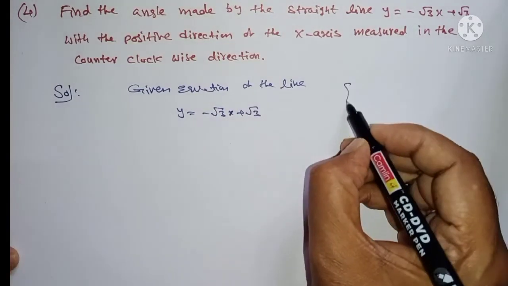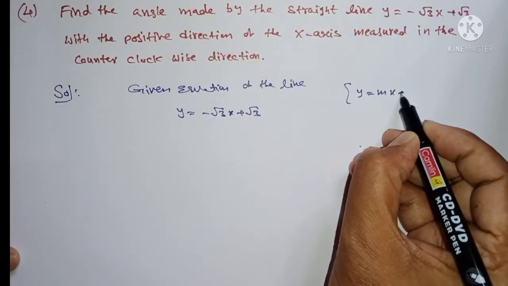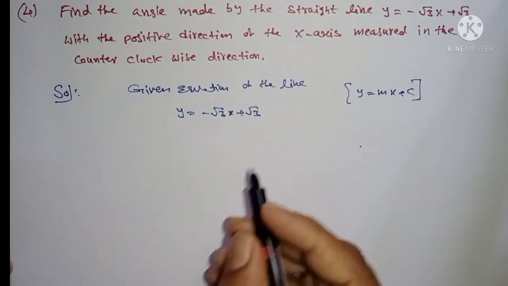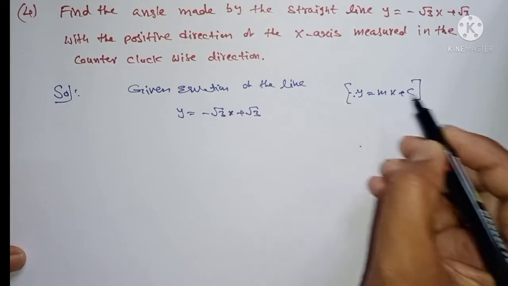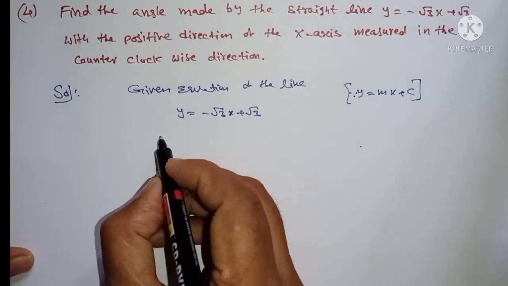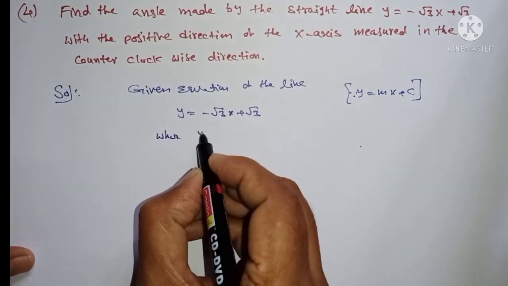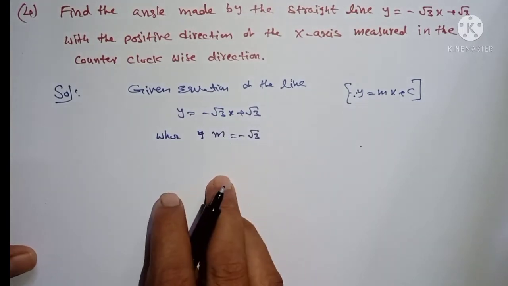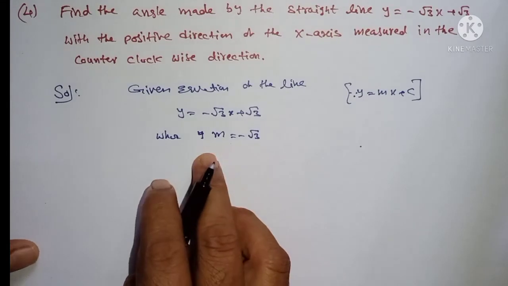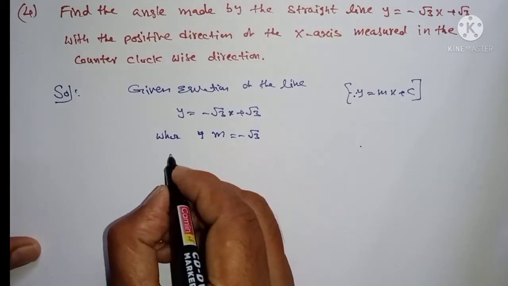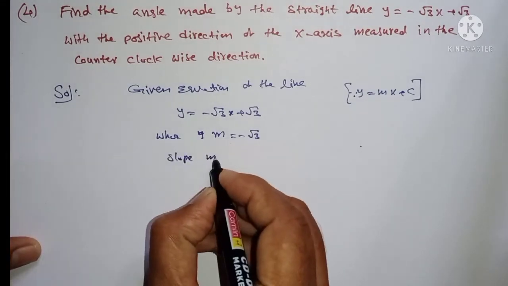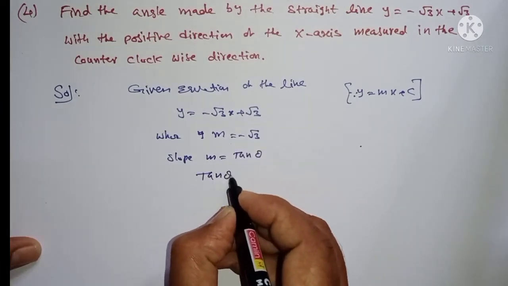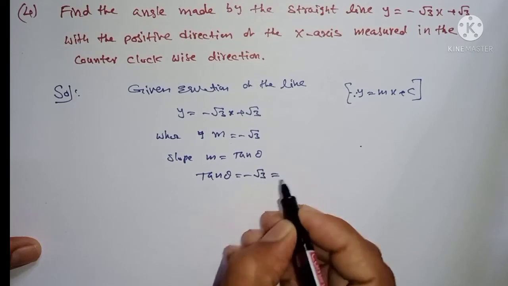This is of the form y is equal to mx plus c, where m is equal to minus root 3. You can write here slope only. Slope m is equal to tan theta. Therefore, tan theta is equal to minus root 3.